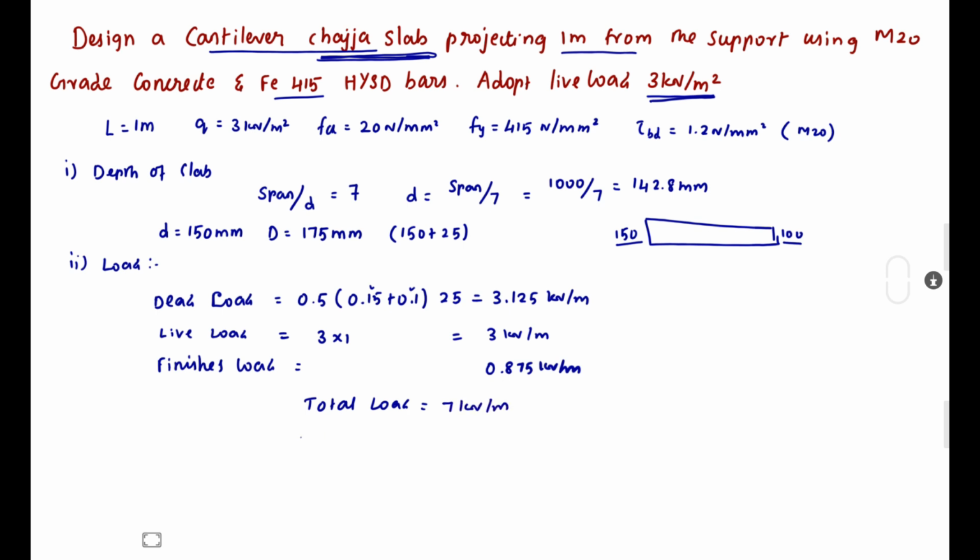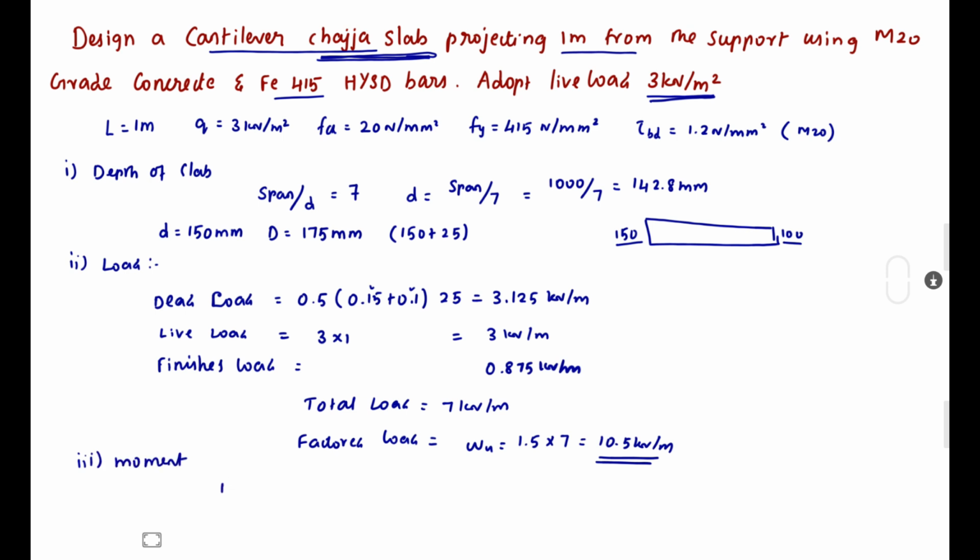Next thing is factored load. That is ultimate load WU equal to 1.5 into W, that is 7, that is equal to 10.5 kilonewton per meter. This is the load we can use. Third thing, moment. Now we can calculate the moment.